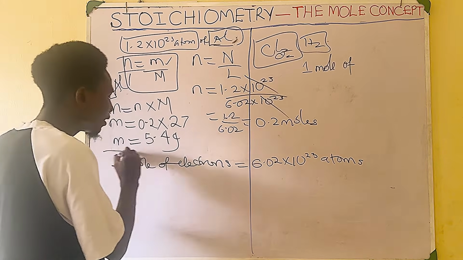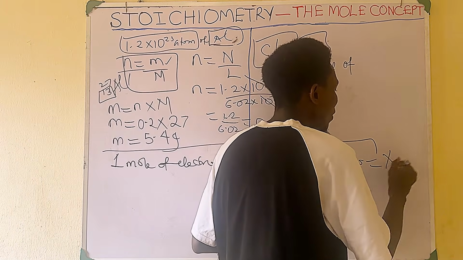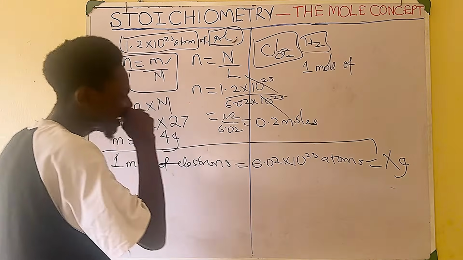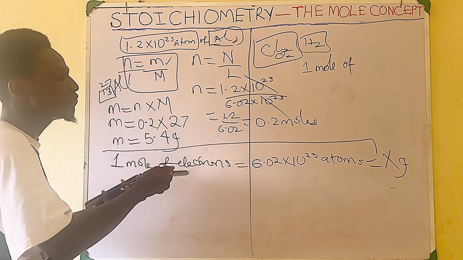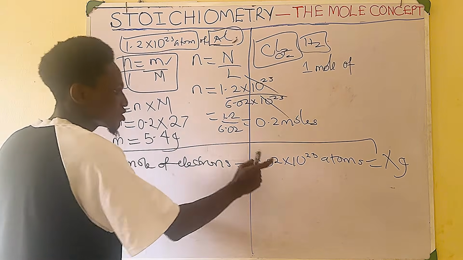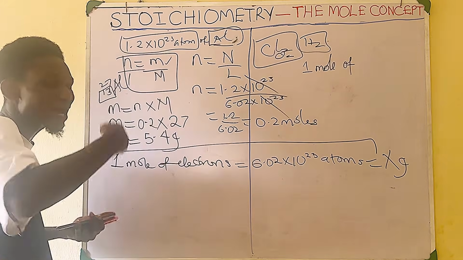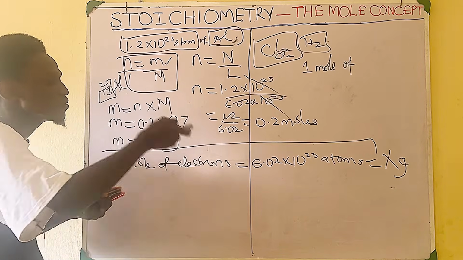Now, what is this question trying to tell you? They actually want us to look for the molar mass. Remember that when we were relating the previous question, we said that 1 mole of sodium atoms will give you 6.02 times 10 to the power 23 atoms. 1 mole of any particle gives you 6.02 times 10 to the power 23. That's Avogadro's principle. 1 mole equals Avogadro's number.